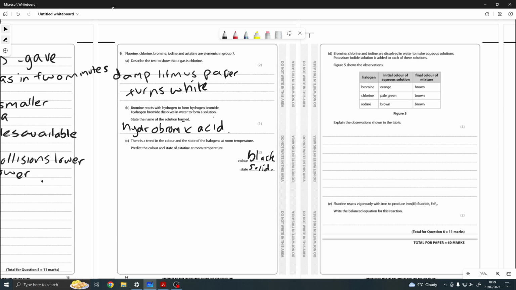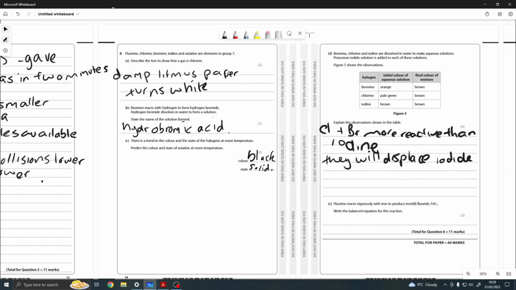So let's just say Cl and Br more reactive than iodine, therefore they will displace the iodide, and the brown colour is the colour of iodine.